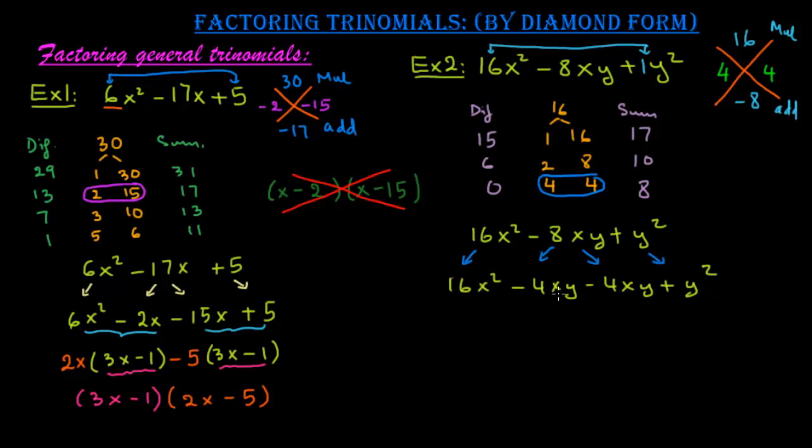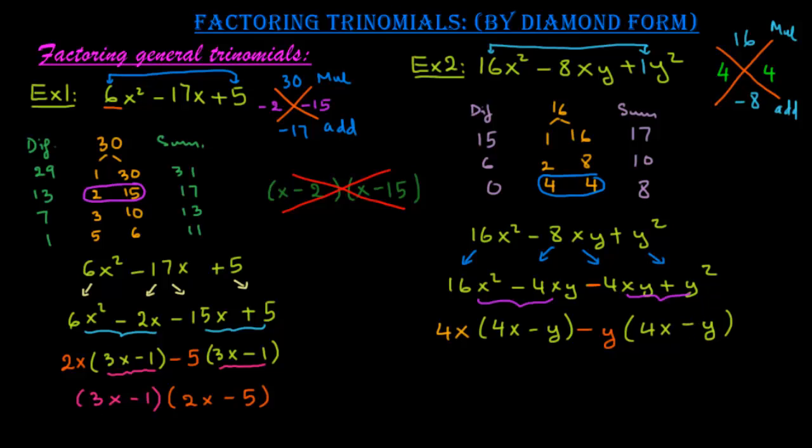Then we're going to do grouping 2 by 2, first two terms and last two terms. For the first two terms, the greatest common factor is 4x, which leaves me with 4x minus y inside. For the last two terms, we have a negative in front of 4, which means we have to factor out the negative. And y is on both terms, so negative y is the one I'm going to pull out, leaving me with 4x minus y inside.